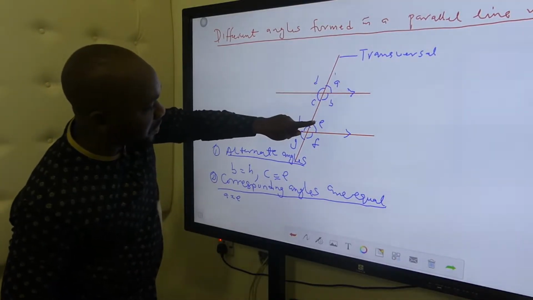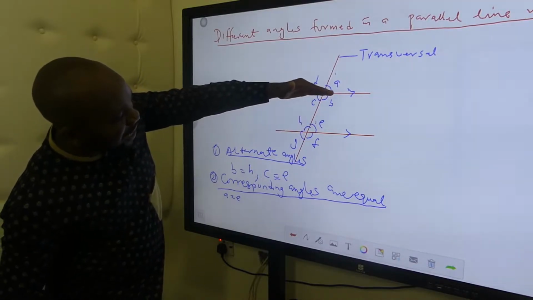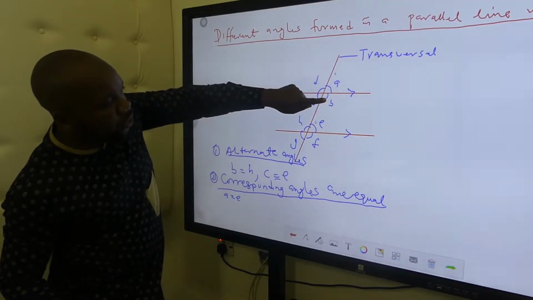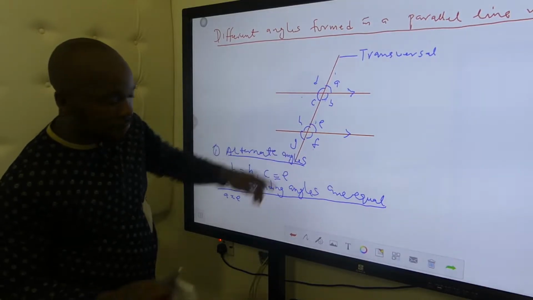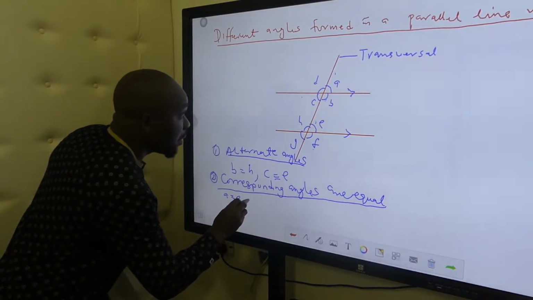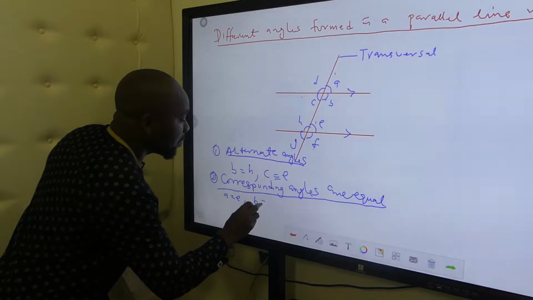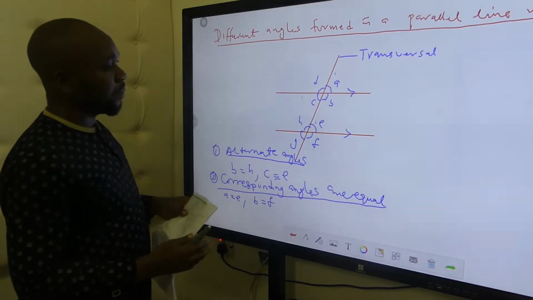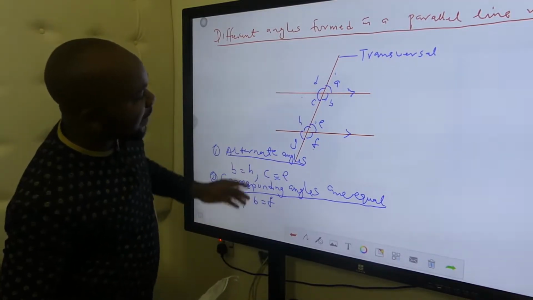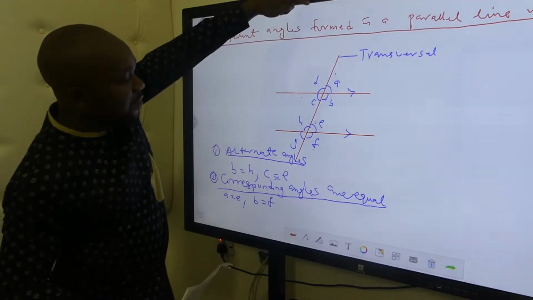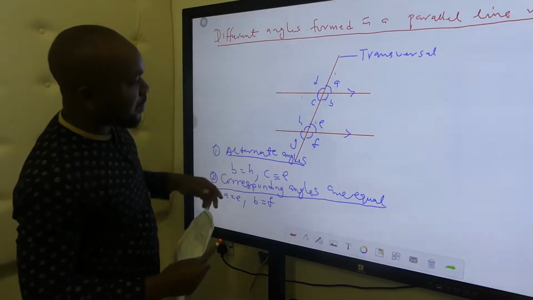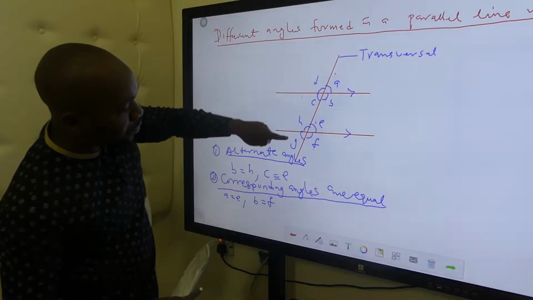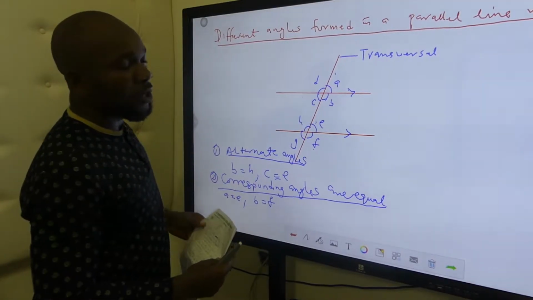A is equal to E. If you're talking about the line down, B should be equal to F. B is equal to F. And when you come to this side, D, which is on top, corresponds to H, and C corresponds to G. These are corresponding angles.